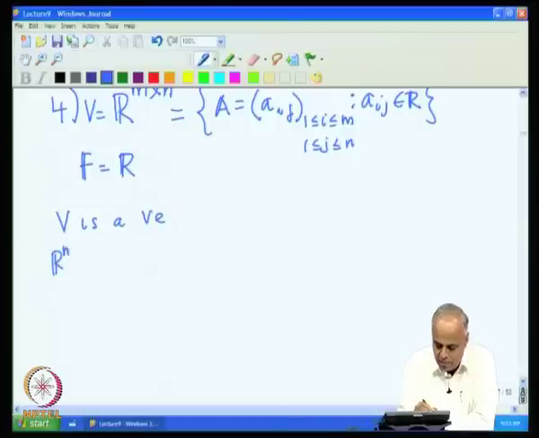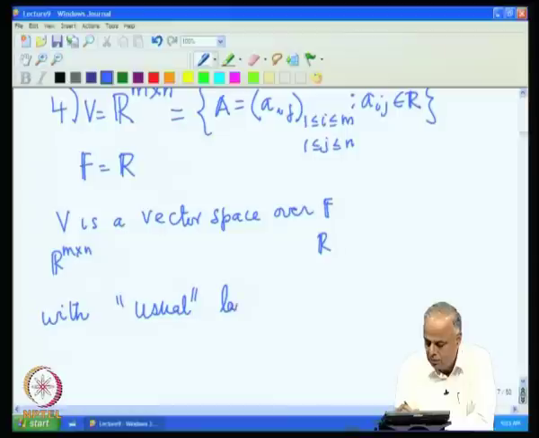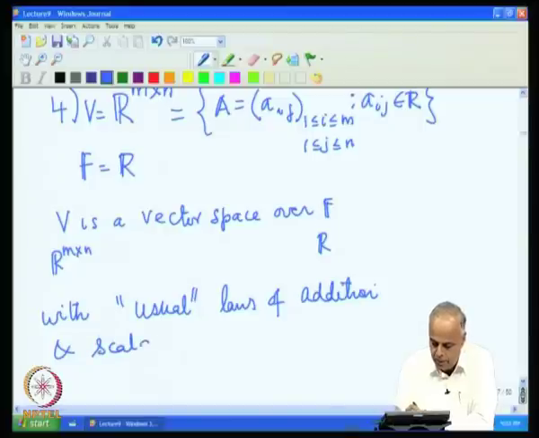R^(m cross n) is a vector space over F. What is F? R with usual laws of addition and scalar multiplication of matrices.